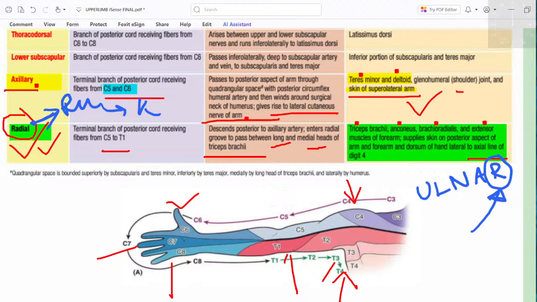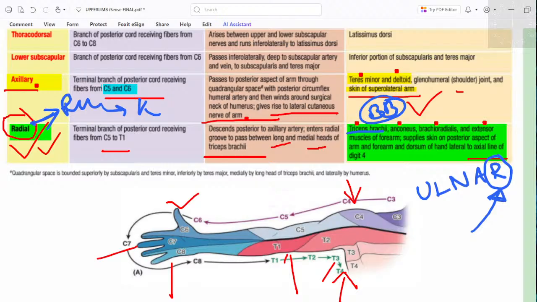They give supply to all the posterior aspect of the forearm and the arm, even the hand. So this is very unique. They supply the triceps brachii. Biceps brachii was supplied by whom? Musculocutaneous. In short, we say the biceps muscle.